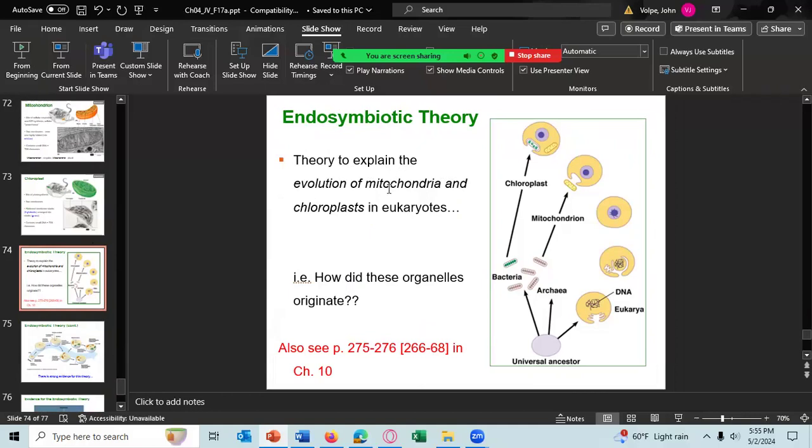This is a theory to explain the evolution of mitochondria and chloroplasts in eukaryotes. How did these organelles originate?